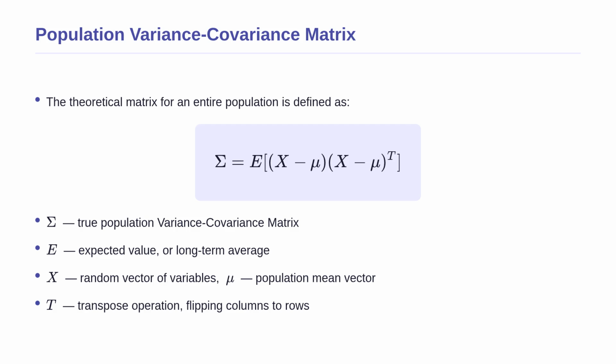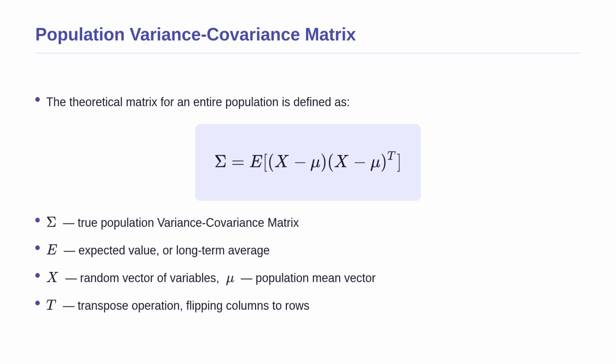This structure leads us to the theoretical formula for the true population variance-covariance matrix. The Greek letter sigma represents this true population matrix. The symbol E stands for the expected value, which is a mathematical way of calculating the long-term average. The variable S is a random vector containing all our variables, and the Greek letter mu is the vector containing the true population averages for those variables.